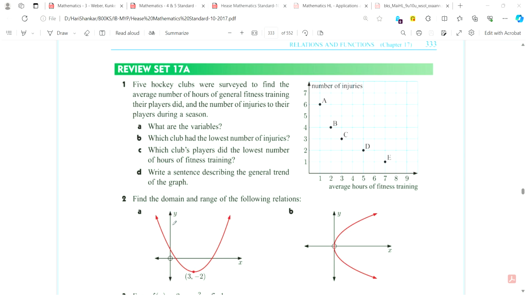So it means y is only greater than or equal to negative 2. Of course, y also belongs to real numbers. This is my range, or in other words, close bracket minus 2, comma, infinity, open bracket. This is my range for graph A.